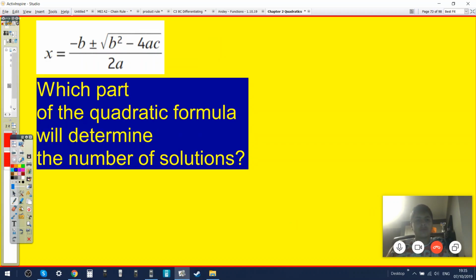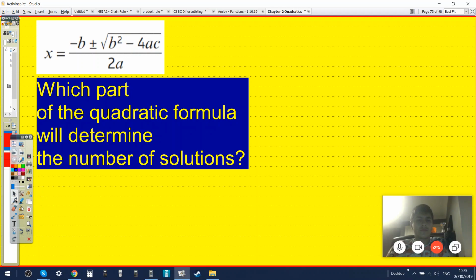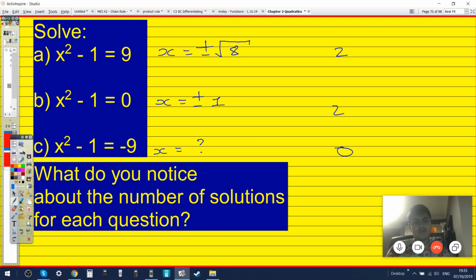And so which part of the quadratic formula determines the number of solutions you get? Why did we get no solutions for this bottom one? Because it was equal to a negative number.